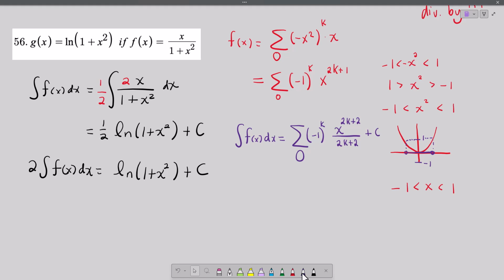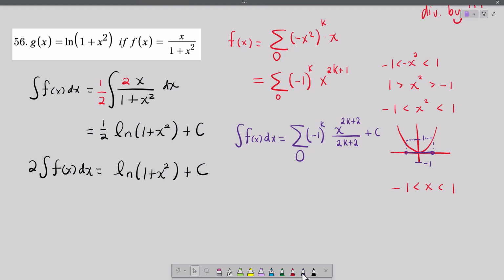You plug in a 0 there and there, you get 0 over 1 plus 0. So you get 0 over 1, which is 0. So that's the value of f at 0.